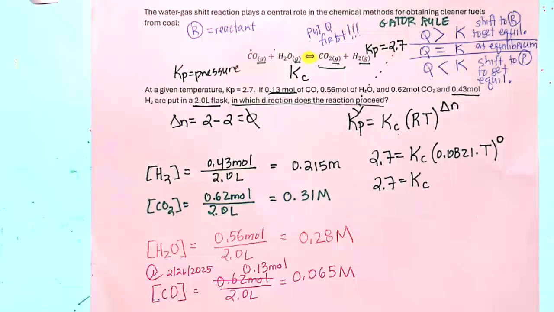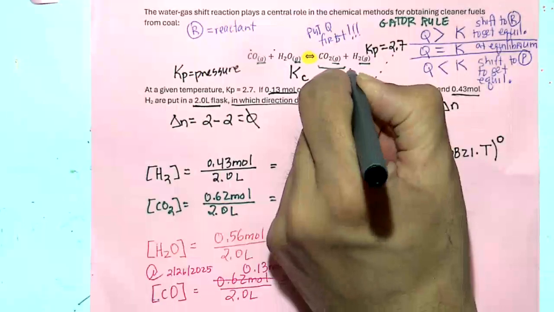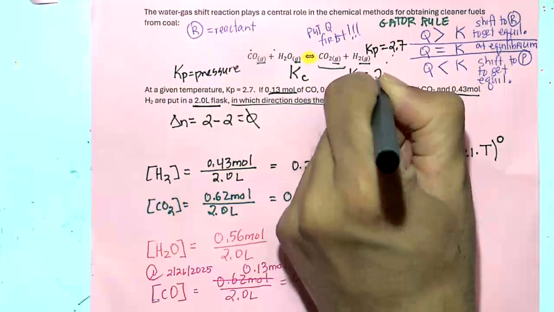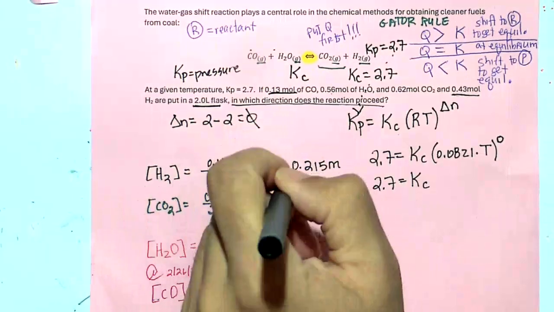When there's no change in the number of moles in the reaction, Kp is equal to Kc. So now we have our Kc, equilibrium constant in terms of concentration, and that will be 2.7.